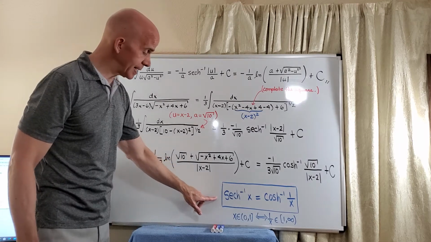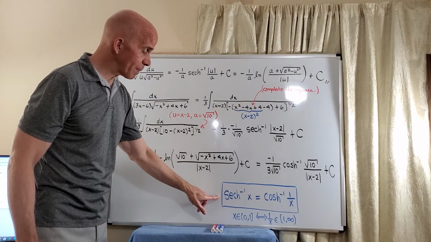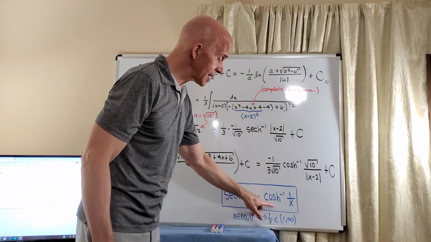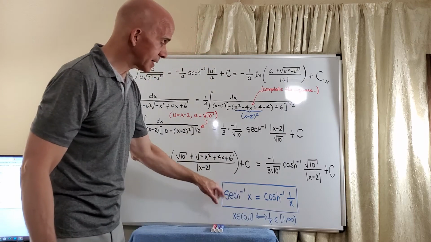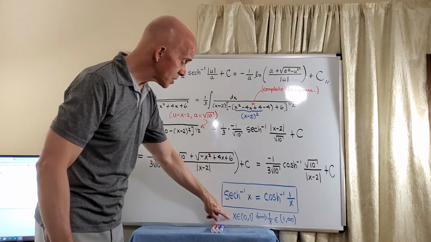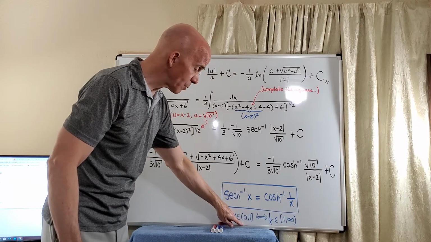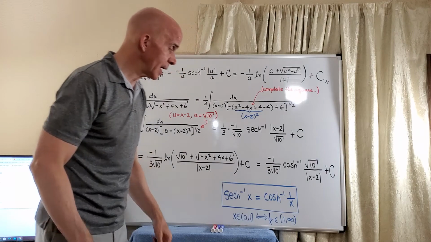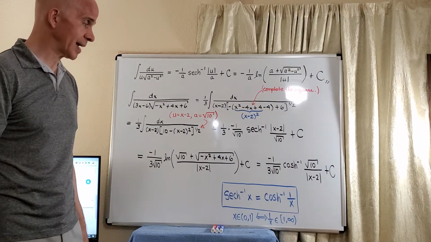We have this identity that is the inverse hyperbolic secant of x equals the inverse hyperbolic cosine of 1 over x, basically using the fact of how we've set up these functions. So when x is in the interval 0 to 1, the reciprocal is in the interval 1 to infinity. So this is going to make that particular identity work.